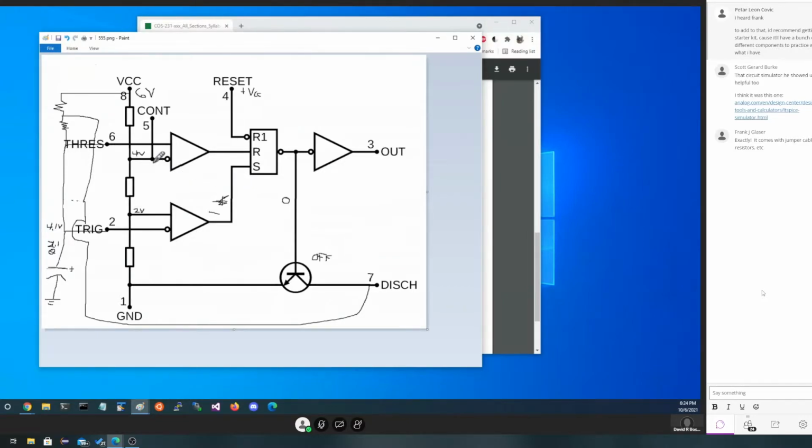But this guy, all of a sudden, if we take the value of 4.1 and subtract 4, it becomes a positive value. The positive value here pushes the reset button. Pushing the reset button makes this go to a 0, which makes this go to 1. Since 1 is 6 volts, this transistor clearly has the ability to turn on now and gives us the ability to put something from discharge through that.